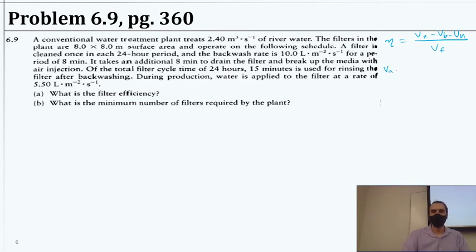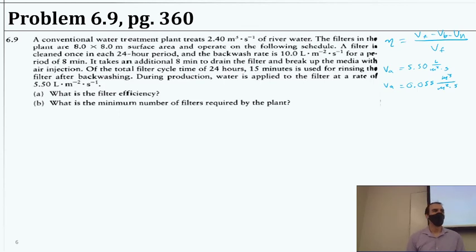So VA is given. This was 5.5 liters per square meter per second. I'm going to go ahead and convert that into just meters. So that'll be 0.055 cubic meters per square meter per second.